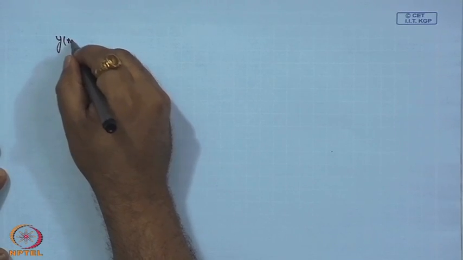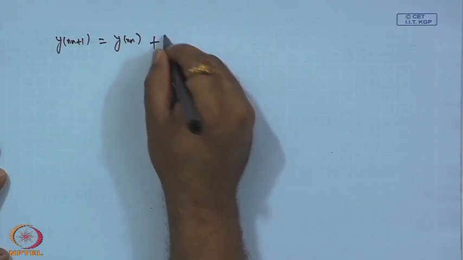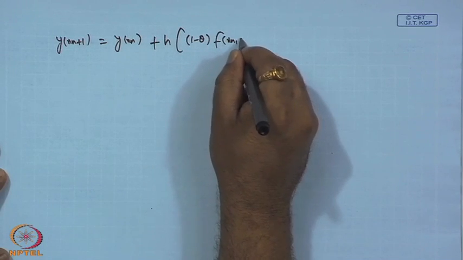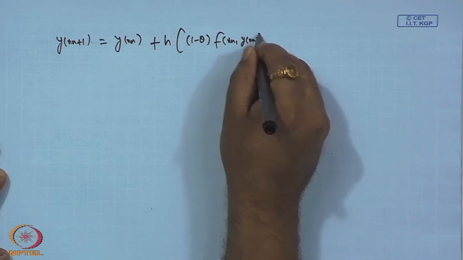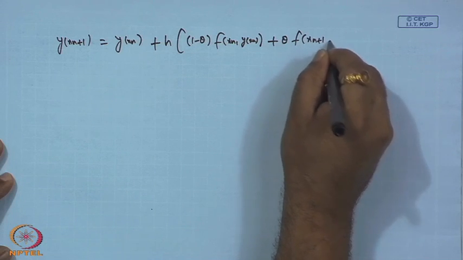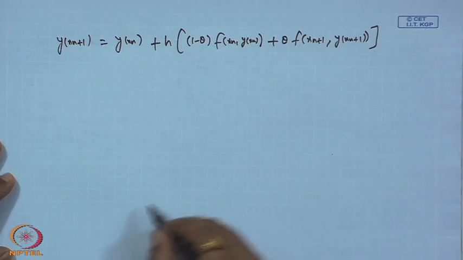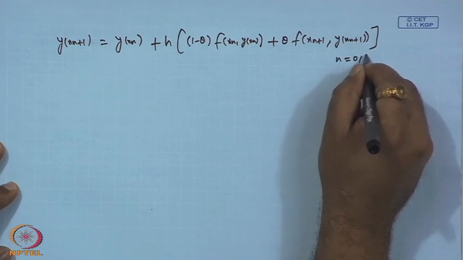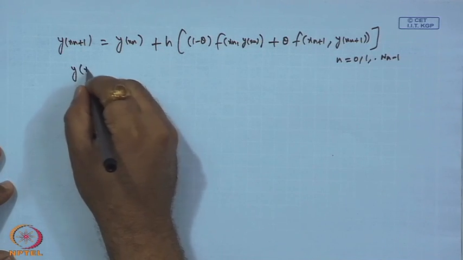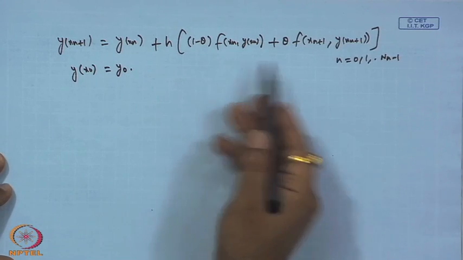So, we get plus h, remember this is at x n plus 1. So, this is more general, right.